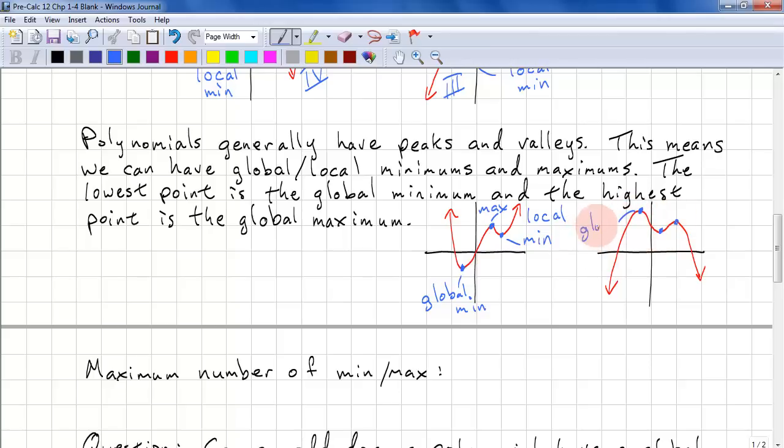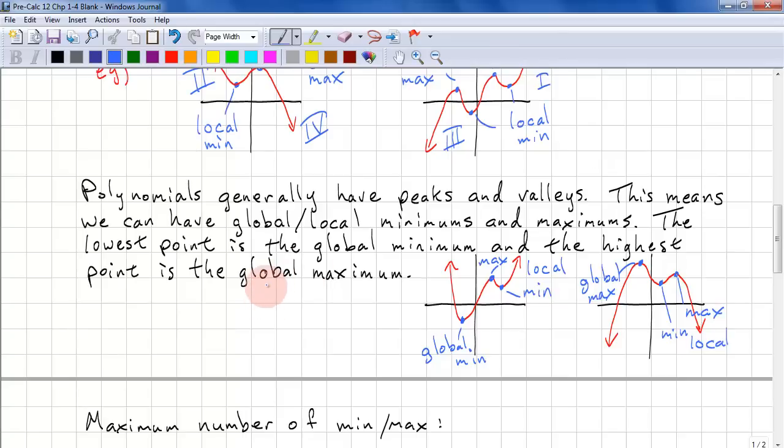And there's our global max. And we have a min and a max. And they're both local. And a global max can also be referred to as absolute.